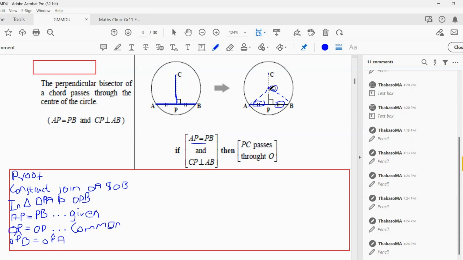So that is OPB, this angle here, and OPA, this angle here. They are both equal to 90 degrees. This is given. We were told that CP is perpendicular to AB. So that is given.